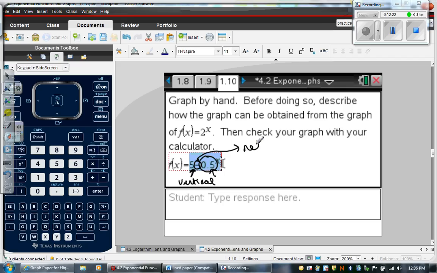So that means a reflection in the x-axis. And it's going to have a different direction. We talked about when we had 2 that became 1/2, the original function changed. It went from one direction to the other. Okay, so those are the changes we're going to see.